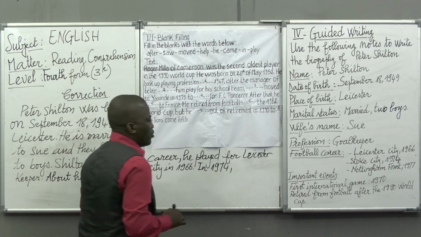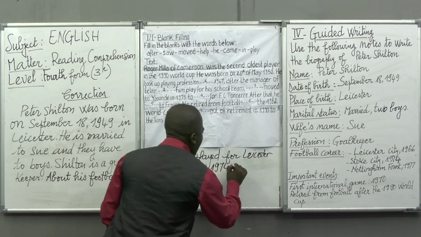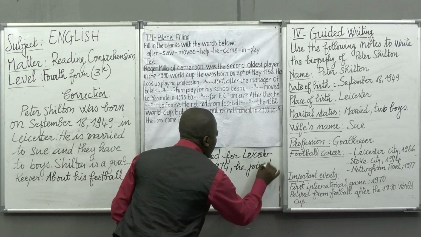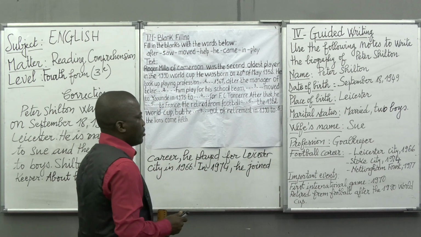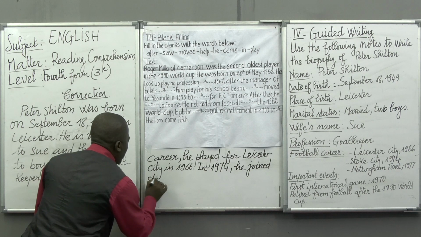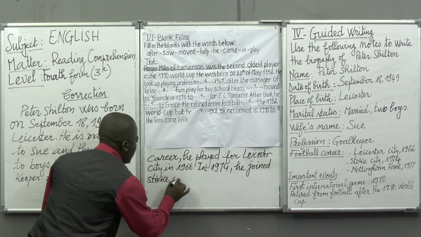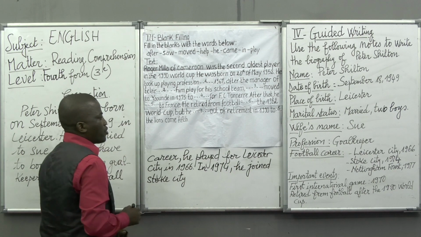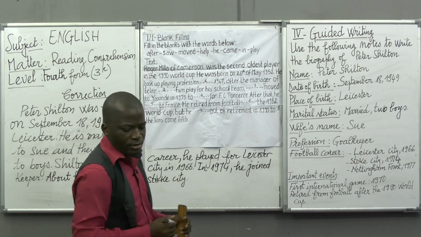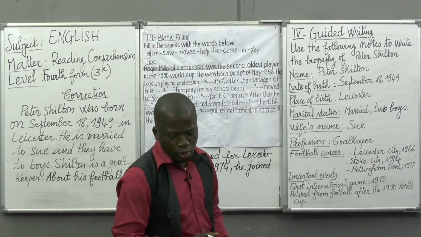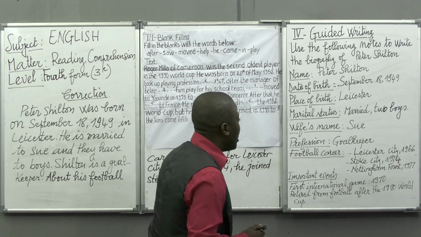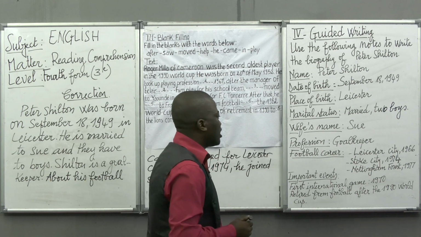In 1974, what did he do? Then he joined Stoke City. He joined Stoke City. Yes. And at the end, class, what did he do? Now, at the end, in 1977, he played for Nottingham Forest.